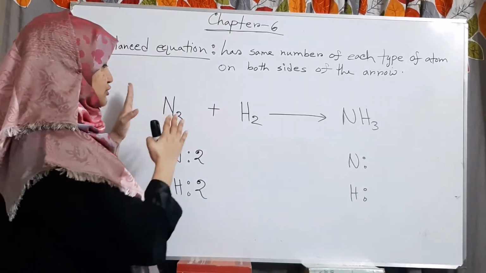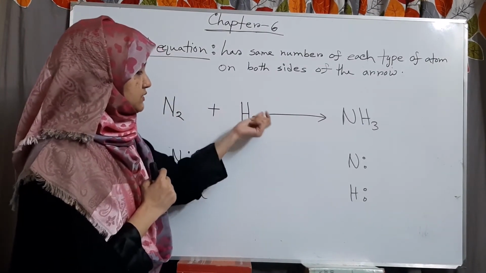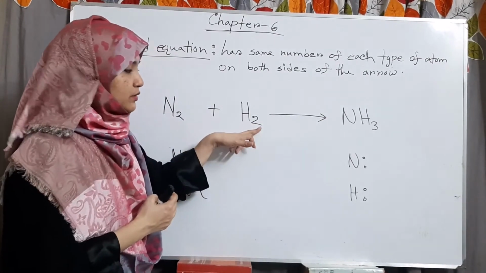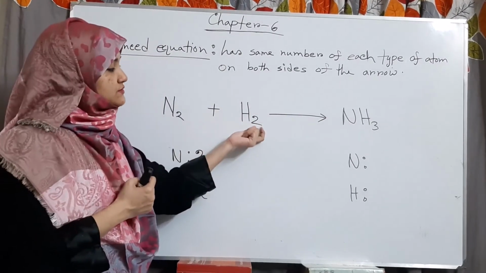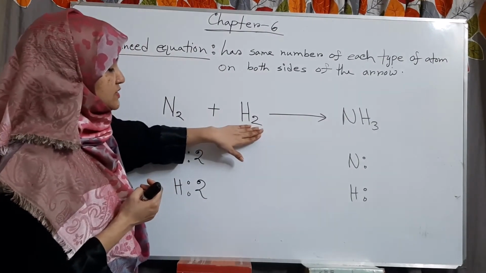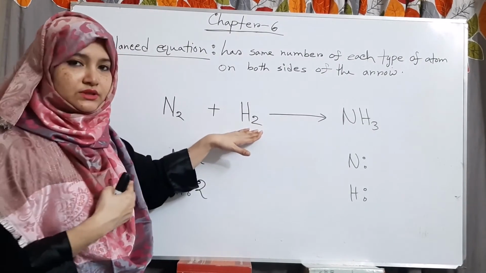We cannot change the numbers after the atoms, the subscripts, because the subscript tells us how many atoms of a given element are present in a molecule.